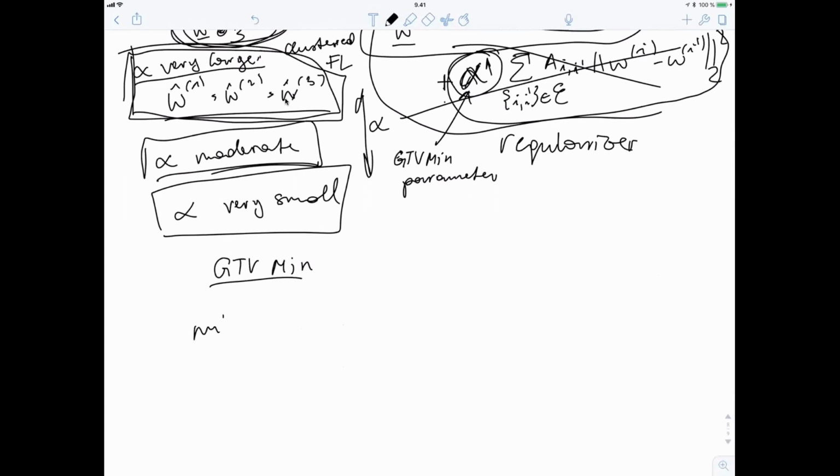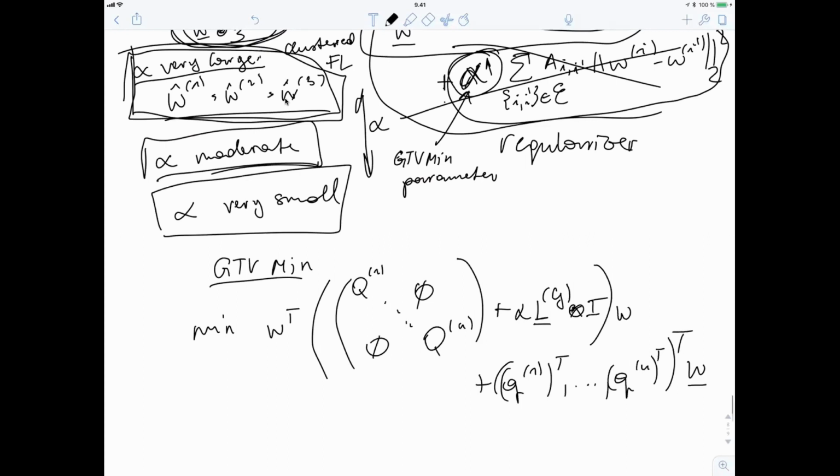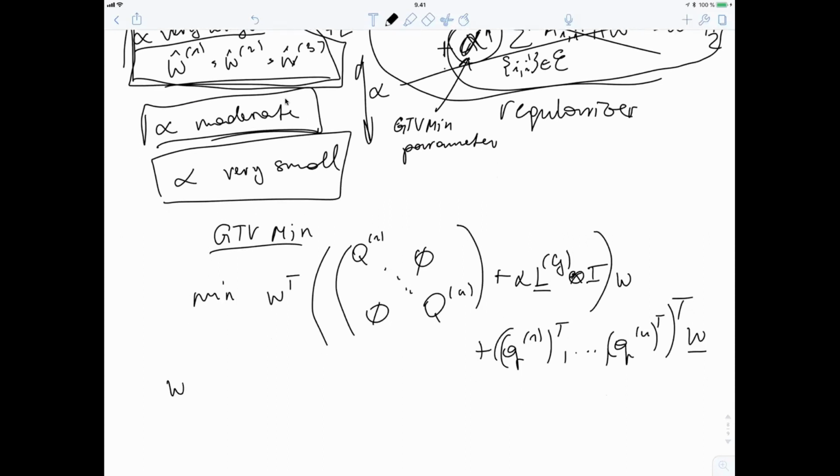The GTV minimization amounts to minimizing this quadratic form, where you have a block diagonal matrix plus alpha times the Laplacian matrix of the empirical graph, Kronecker product I, times W, plus another term, a linear term, Q1 transposed up to Qn transposed, times W. And this W vector is the stacked vector of local model parameters.